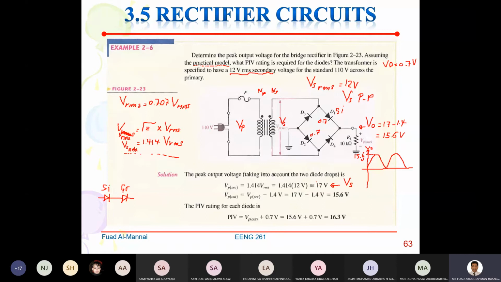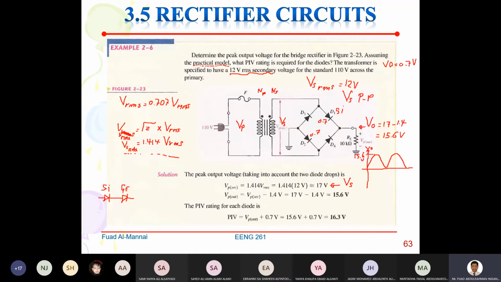So if you have 17 volt, you have two diodes conducting at the same time. When this one here is plus 17 and over here is negative 17, these two diodes will conduct. Everybody see that? Just like what we watched in the animation.